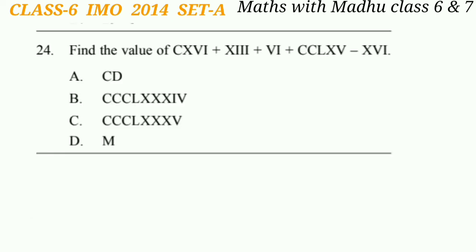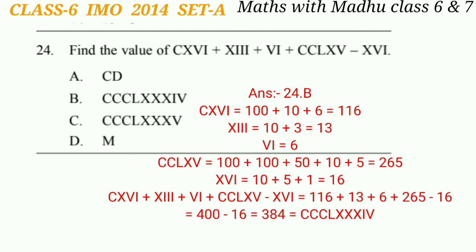Now question 24. Find the value of CXVI plus XIII plus VI plus CCLXV minus XVI. Value of C is 100, X is 10, V is 5 and I is 1 in Roman numerals. So the value of CXVI will be 116.